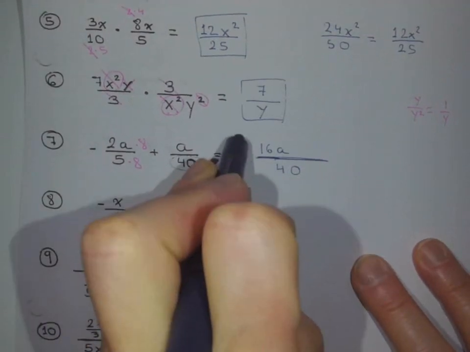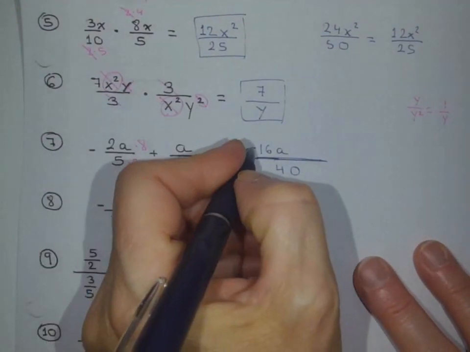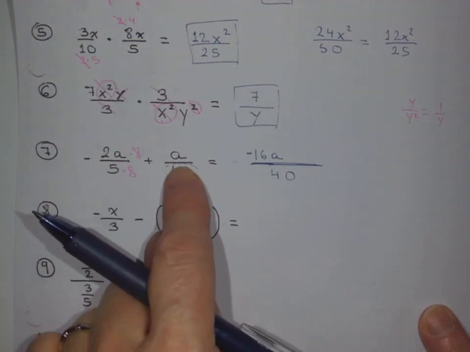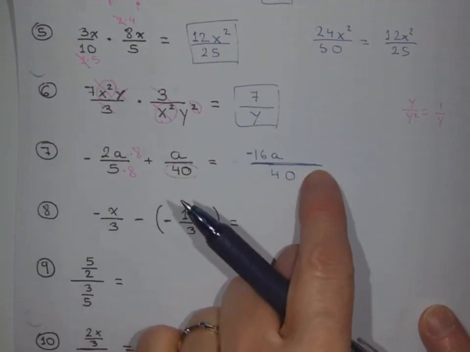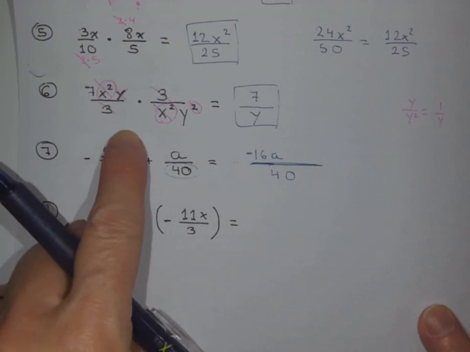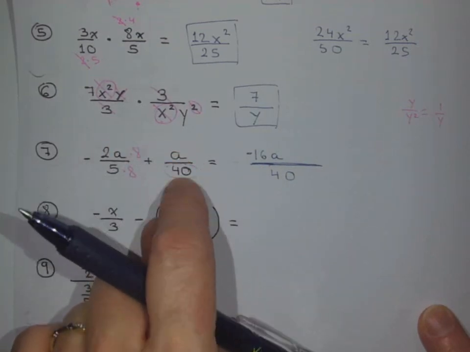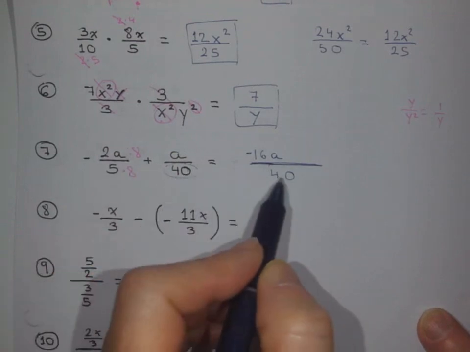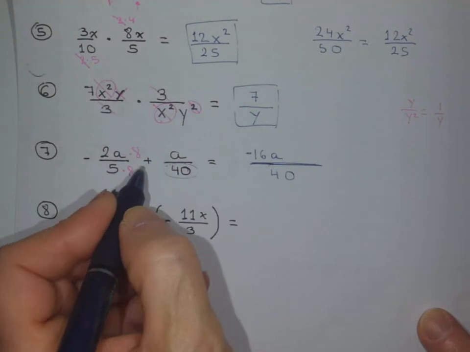And if I do that, let's move that negative to the 16 there, because only this one was negative, right? This one wasn't, so I want to make sure if I write it as one big fraction, I want to make sure the negative only goes with this numerator and not this one as well, right? Okay, and this one already had a 40, so it already had my common denominator, so I'll just keep the a, and it's a plus a.